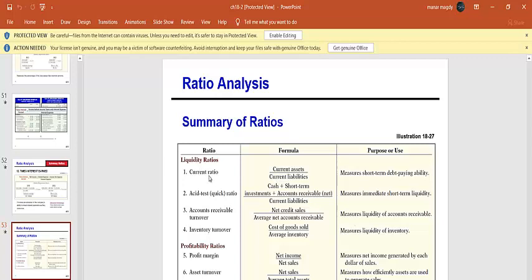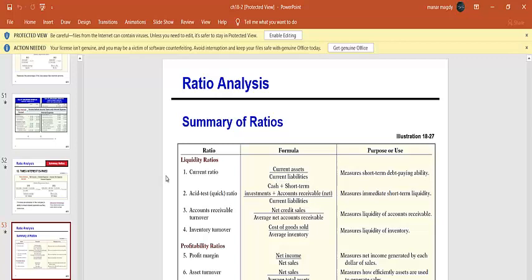It has 4 types of ratios: the current ratio, acid test or quick ratio, accounts receivable turnover, and inventory turnover. You have to understand and try to memorize the formulas for each of these ratios.